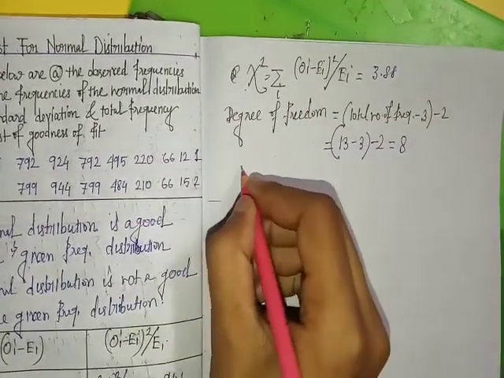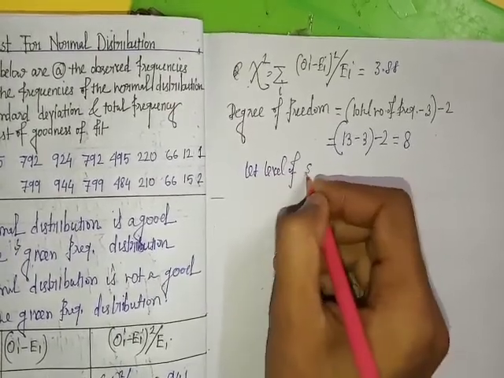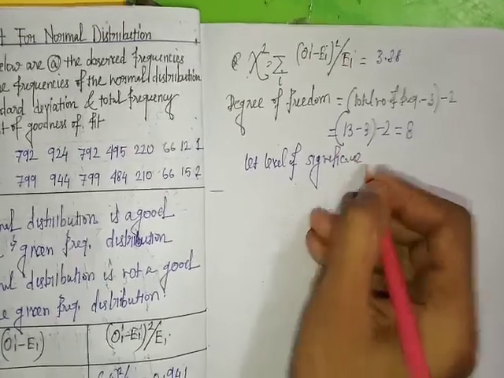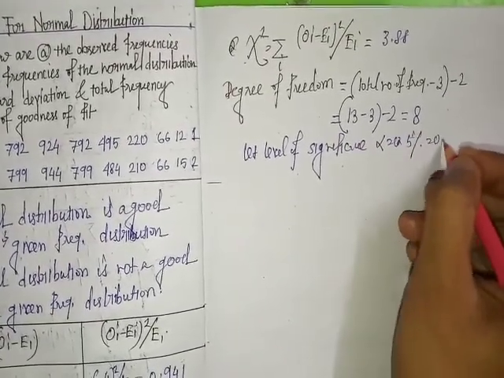Okay, let the level of significance alpha equal 5%, that is 0.05.